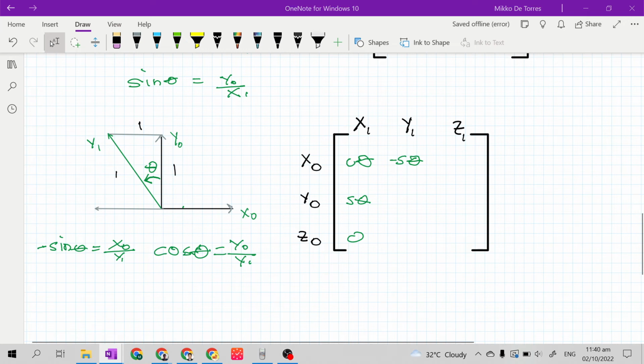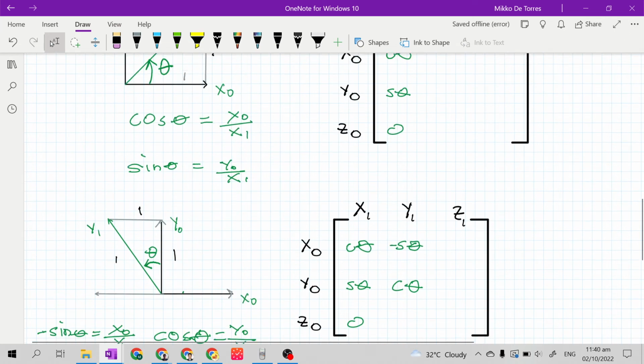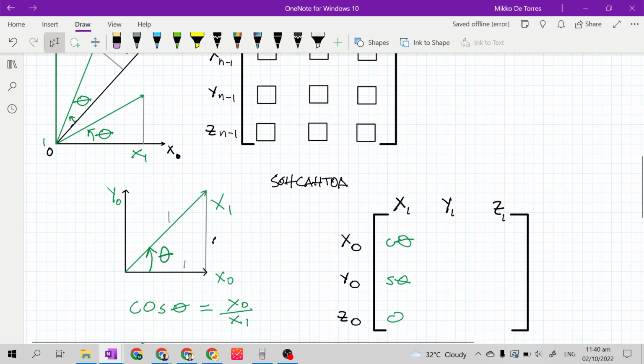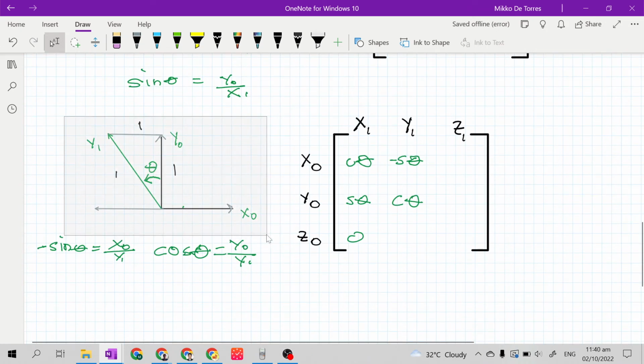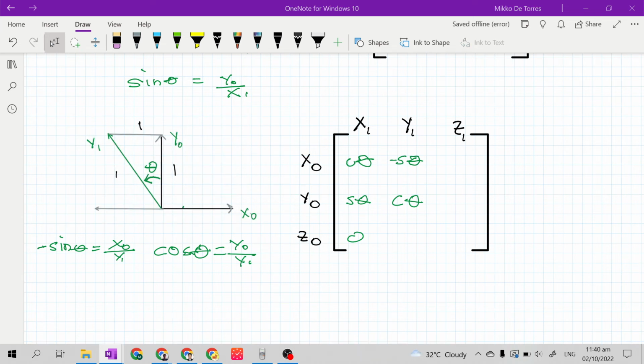So the projection of y sub 1 on y sub 0 is cosine theta. Then the same as our previous drawing, this drawing has no z sub 0 whatsoever. So the projection of y sub 1 on z sub 0 is simply 0.